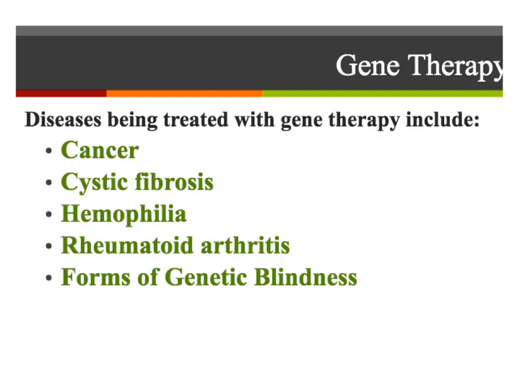Currently, diseases being treated with gene therapy include some cancers, cystic fibrosis, hemophilia, rheumatoid arthritis, and forms of genetic blindness. We are going to read an article dealing with blindness and eyesight in class tomorrow.